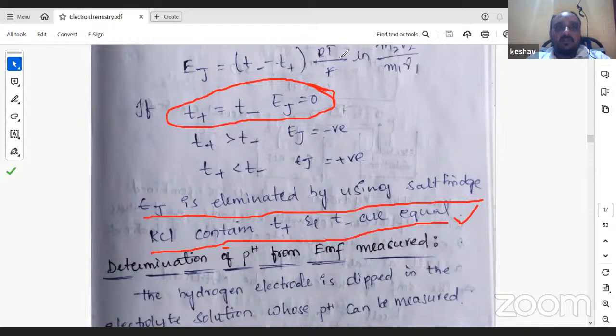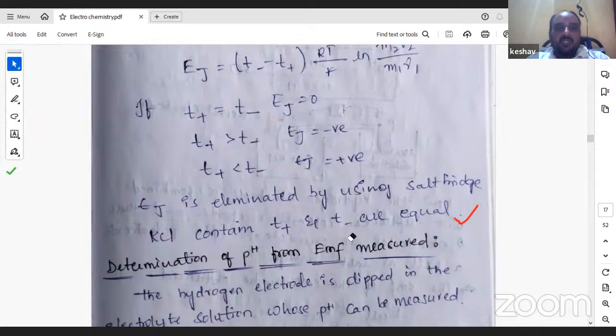That is one of the best applications of EMF experiments, right? So another one will be there, determination of pH from EMF measurements. One is liquid junction potential, other one is the determination of pH.